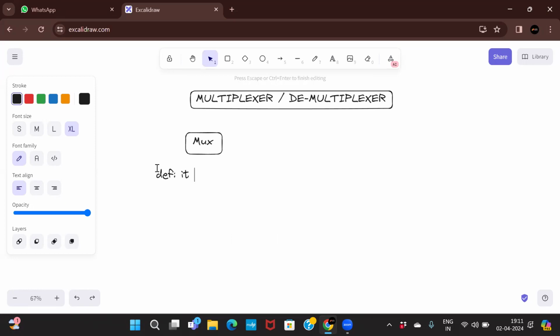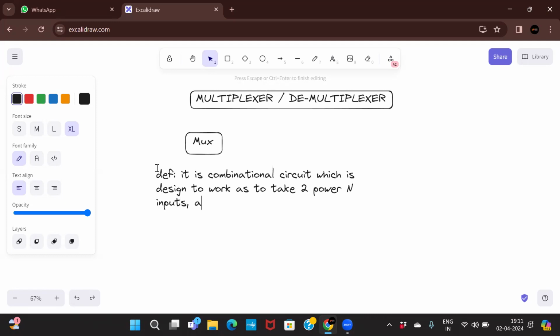So, it is a combination circuit which is designed to work as to take 2 power n inputs along with n select lines and 1 output.